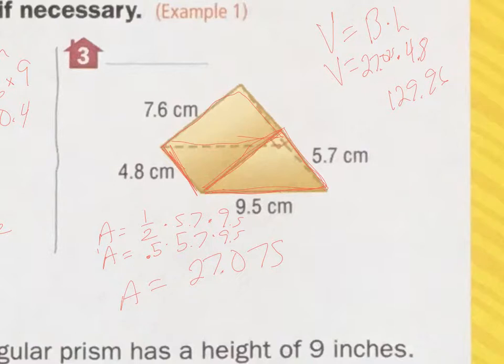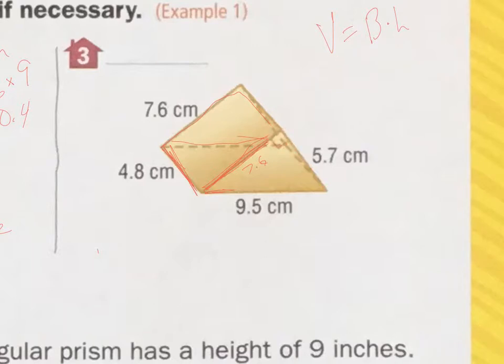So, I wonder, what did I do wrong here? 5.7. Oh. This is wrong. It's right here. It's this, which is 7.6. Huh. Wow. That was a mistake. We all make mistakes.